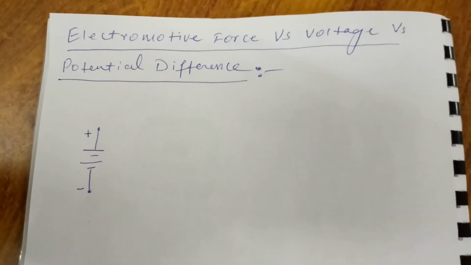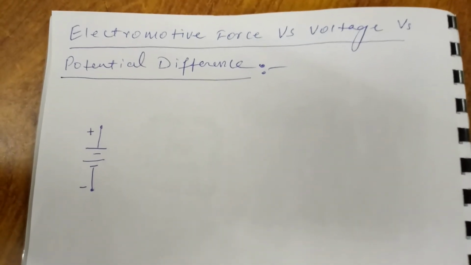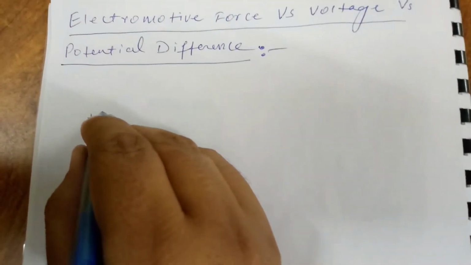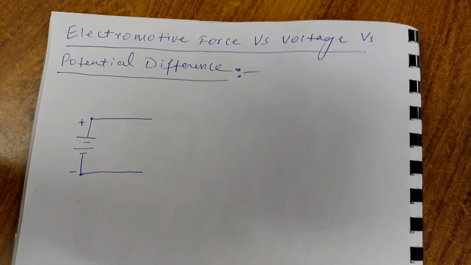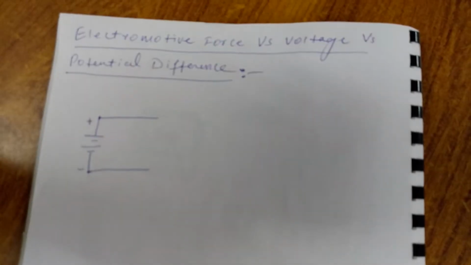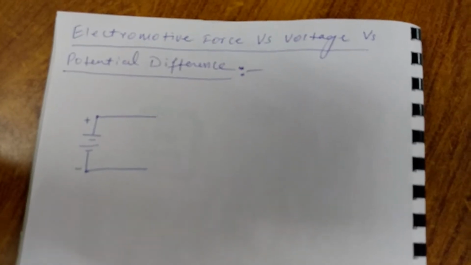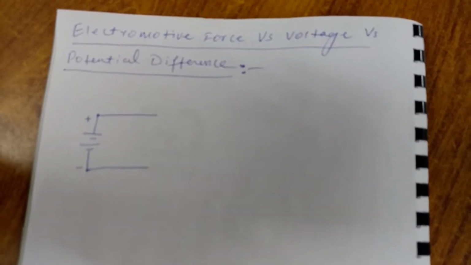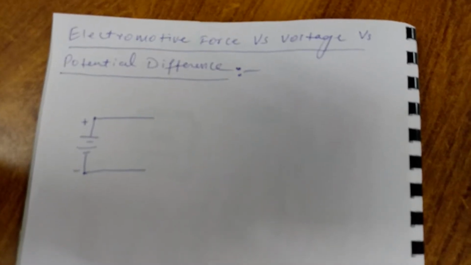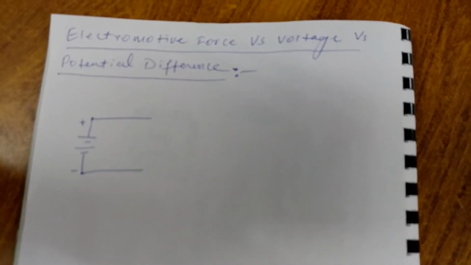So I am connecting a load with a battery through conducting wires. These are the conducting wires. A conducting wire can be made of copper or silver or any other metal.